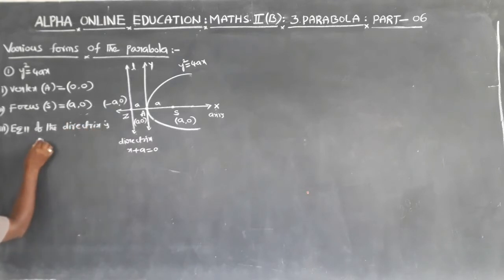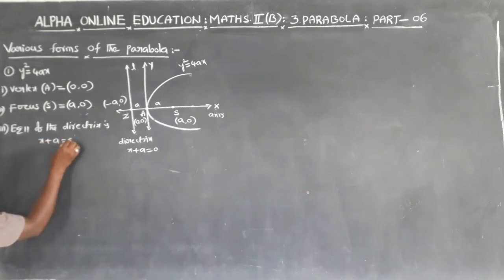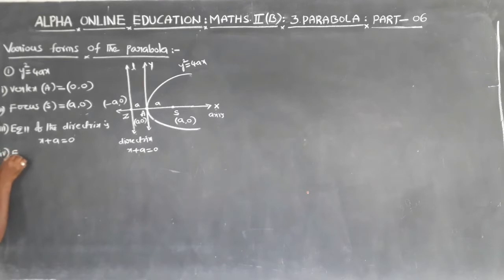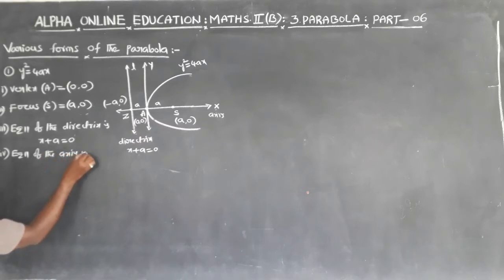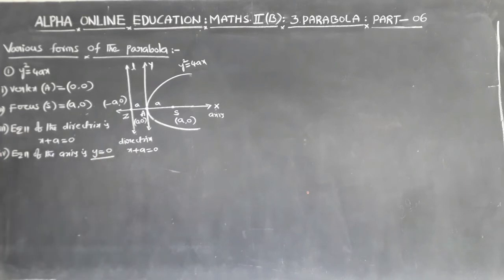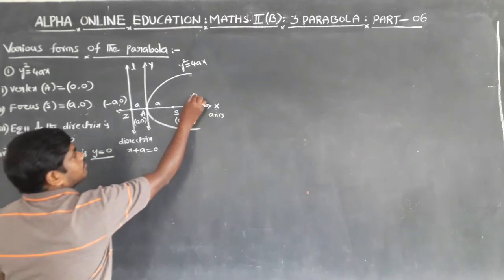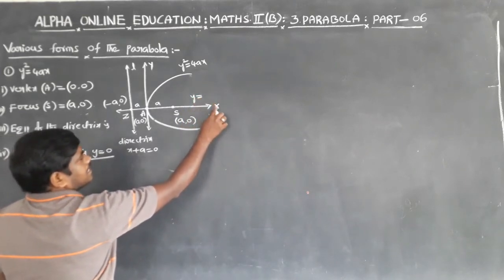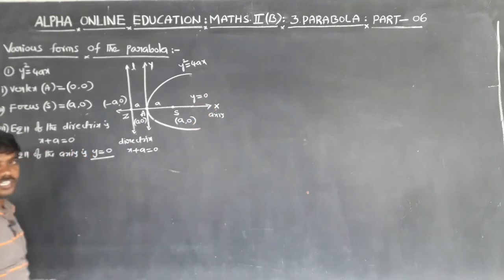Equation of the directrix is x plus a is equal to 0. Fourth one is equation of the axis is y is equal to 0. Equation of the axis, x-axis equation y is equal to 0.